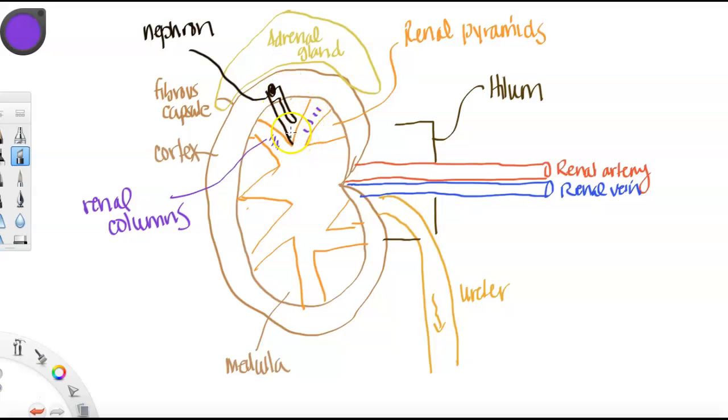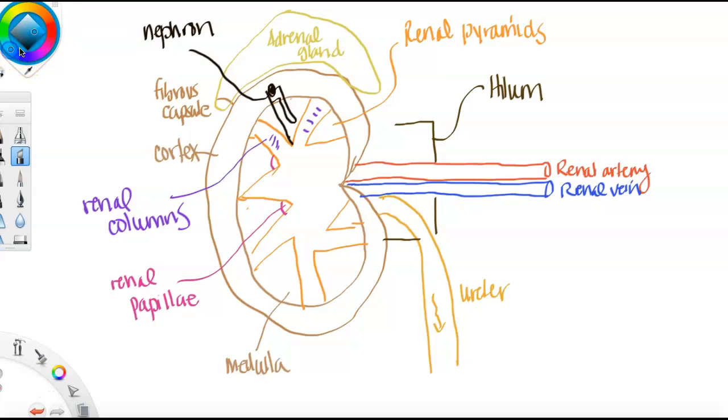All right, at the bottom or the tip of these pyramids, like right there and right there, those are called renal papillae. And these little renal papillae are like little nipples, and they drip out urine into little cups.